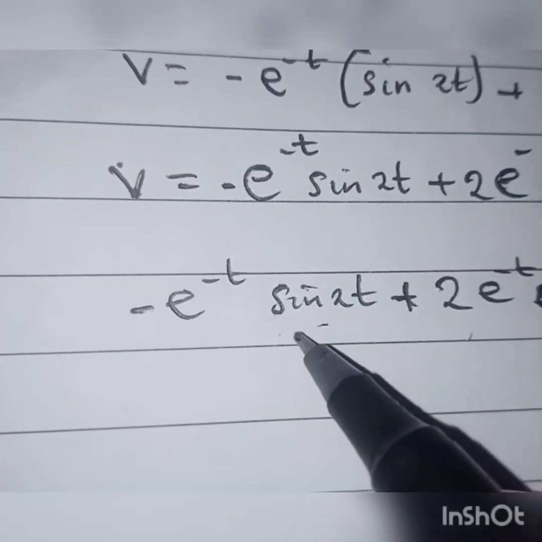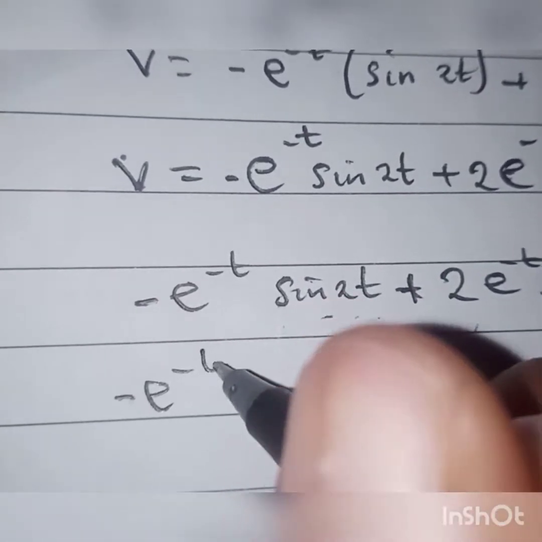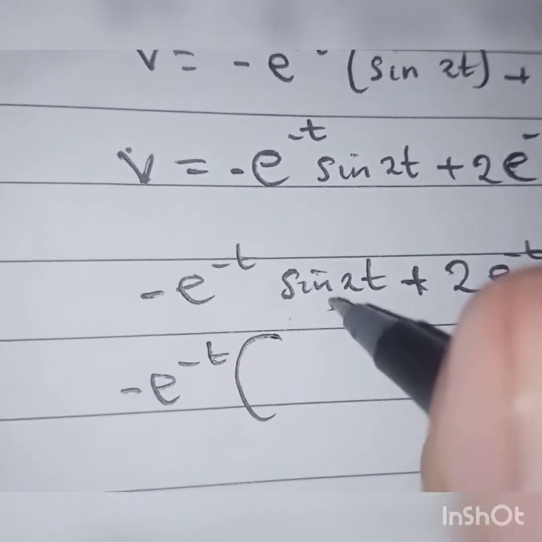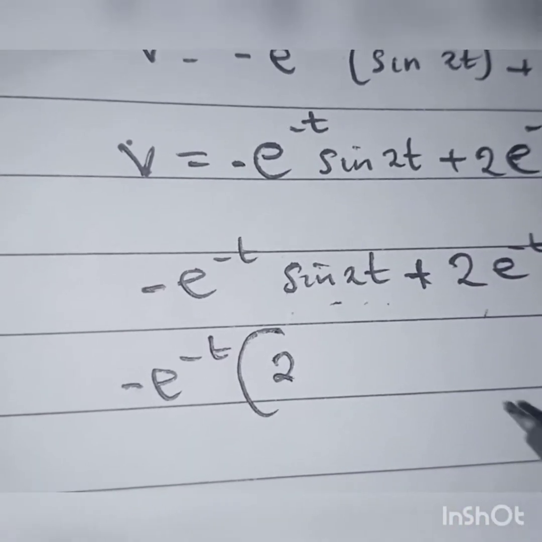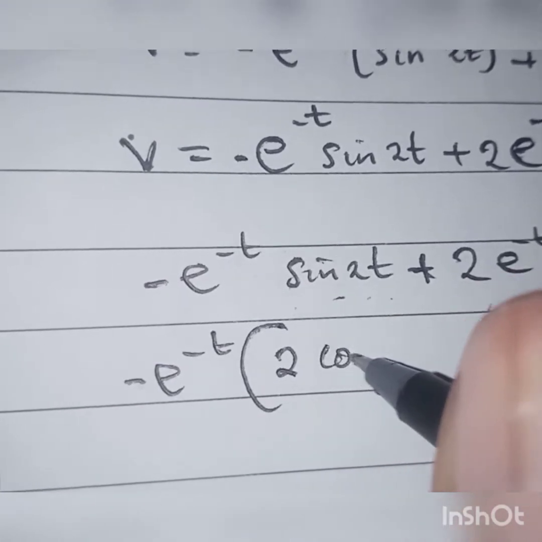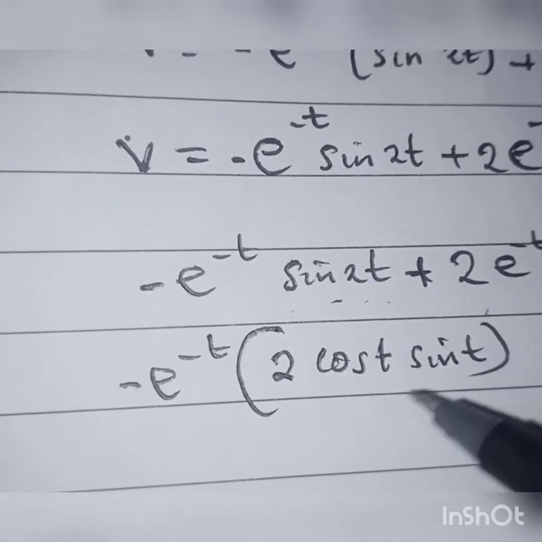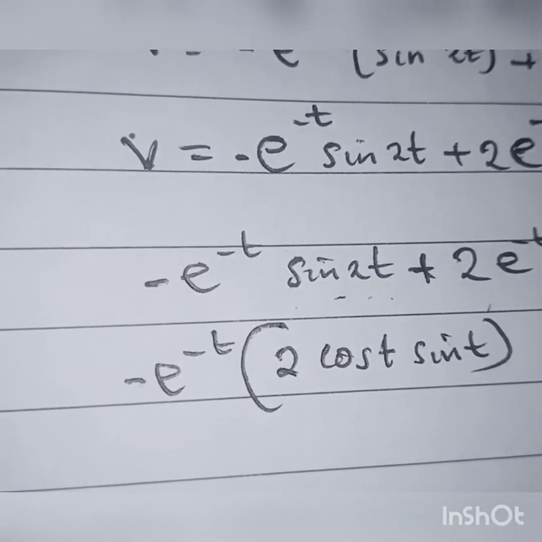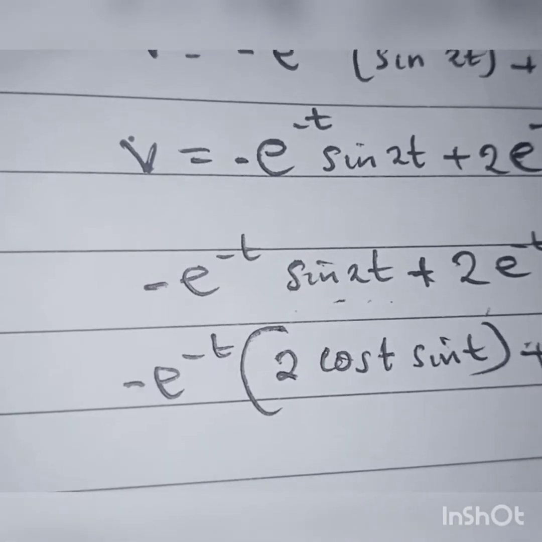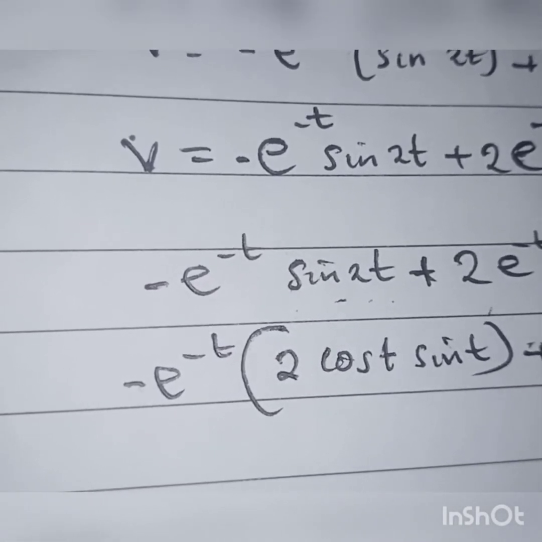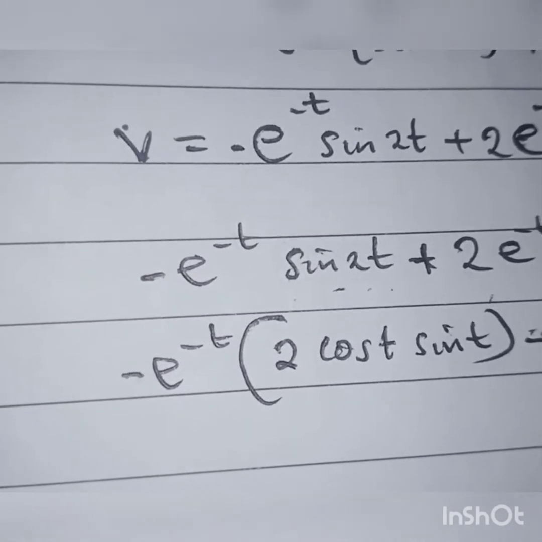But sine 2t, by the double angle, is written as 2 cos t sine t. Then plus 2e raised to power minus t cos 2t, which equals 0.